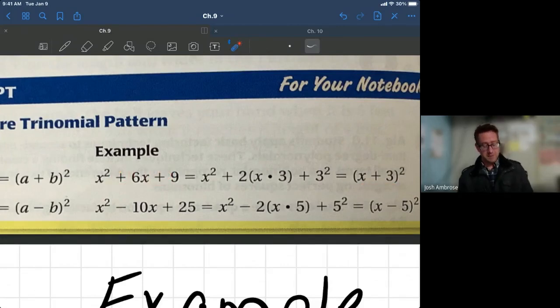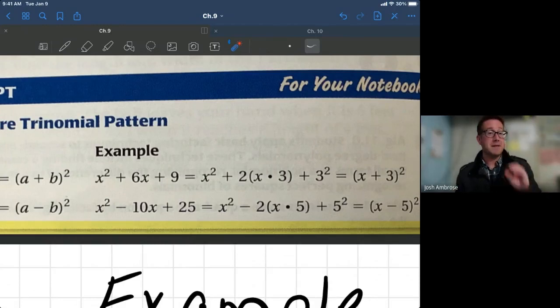Now, if this is plus, and we double check that that is a perfect square, and that is a perfect square, but the first sign is a minus, then both parentheses will be minus, all right? And they'll still be perfect squares. In this case, 25 breaks down to 5, x squared breaks down into x. So you're looking for it to meet the specific criteria that I just said.